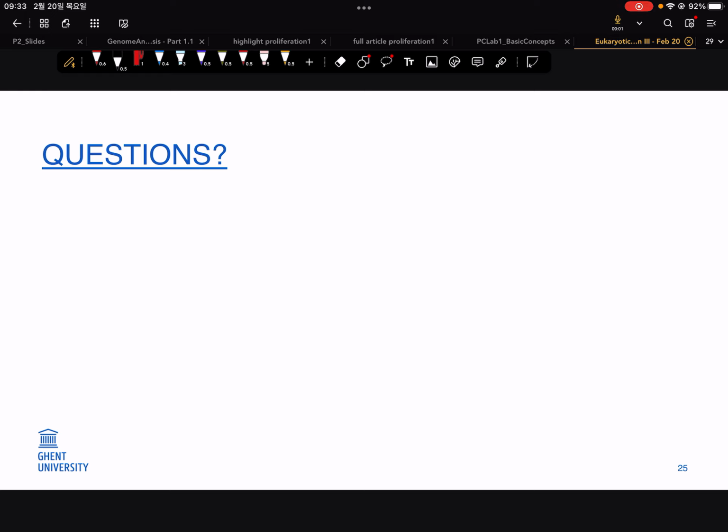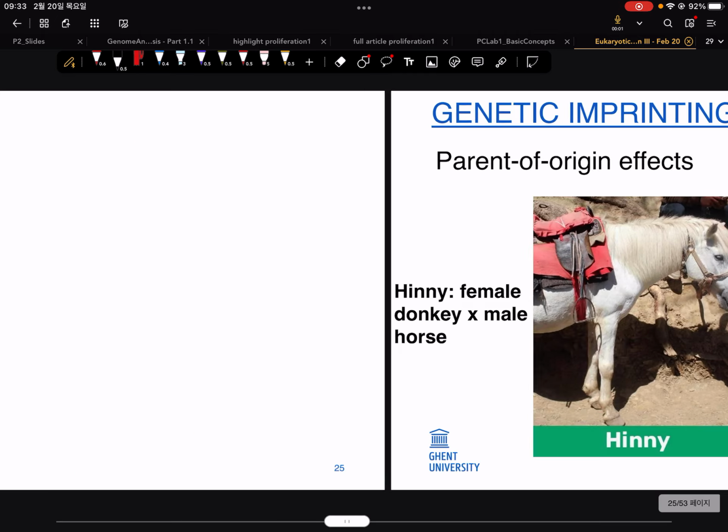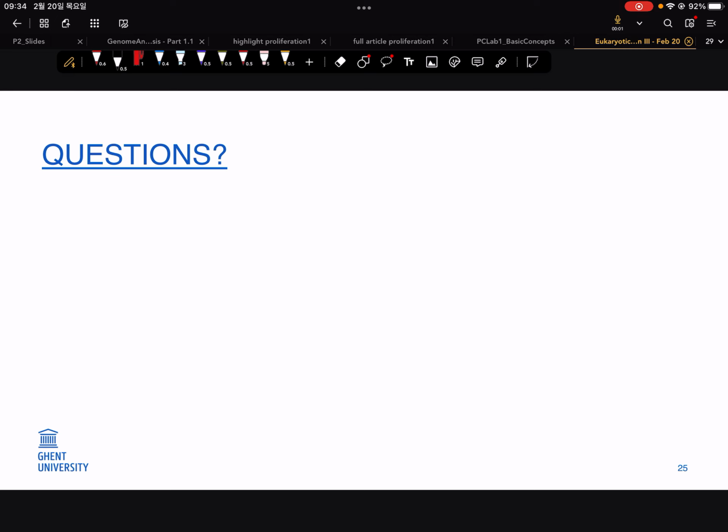So every skin cell will give rise to another skin cell. If it duplicates, you will get two skin cells. You cannot suddenly go from a skin cell to another type, unless with tricks in a lab. But in normal conditions, your skin cell will give rise to two skin cells again if it duplicates.